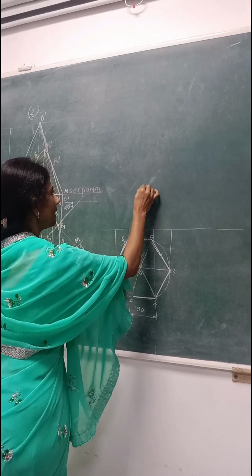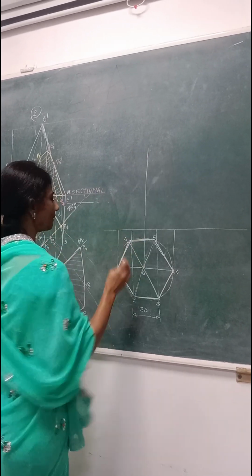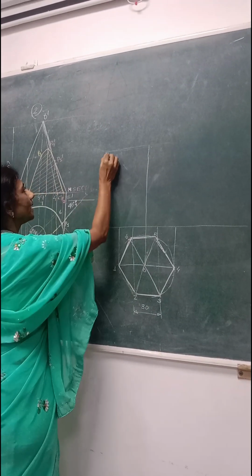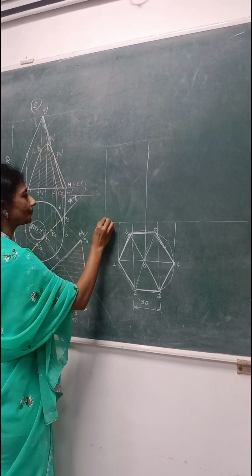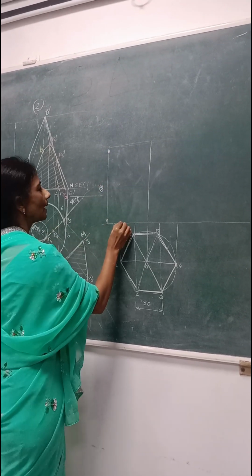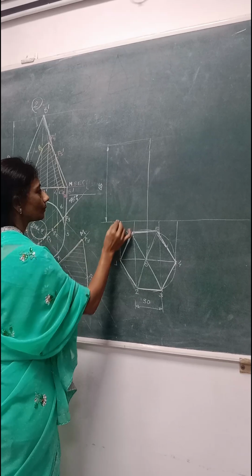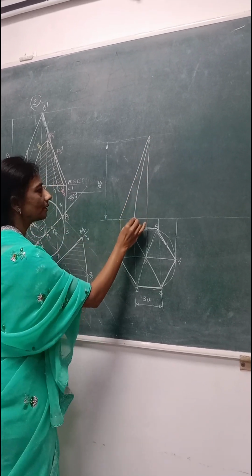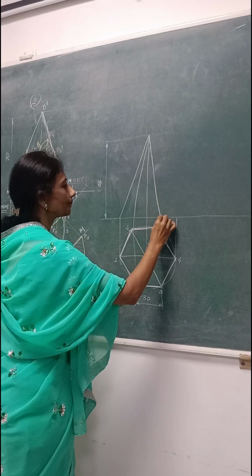Center. So I will be taking this up and height is given 65 mm. So with this scale we will measure 65 mm and I will write here 65. And then we need to connect here all corner points with the apex.